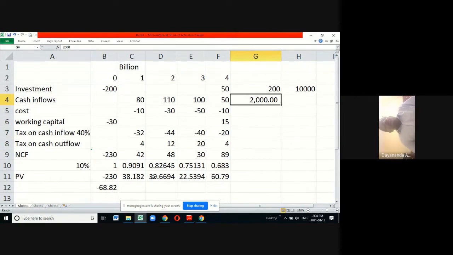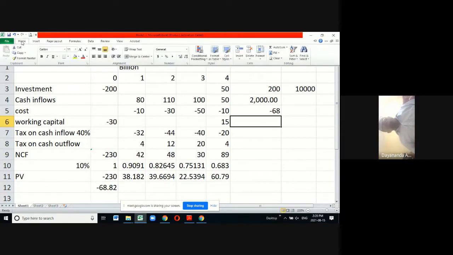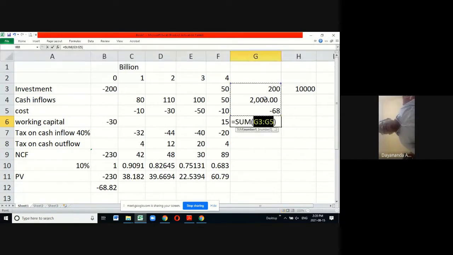If you evaluate this new project and you see that NPV is negative, why do we reject it? Because the current value will be reduced by 68. That's why we are rejecting. So the new value of the business, if you accept the project, would be these two.